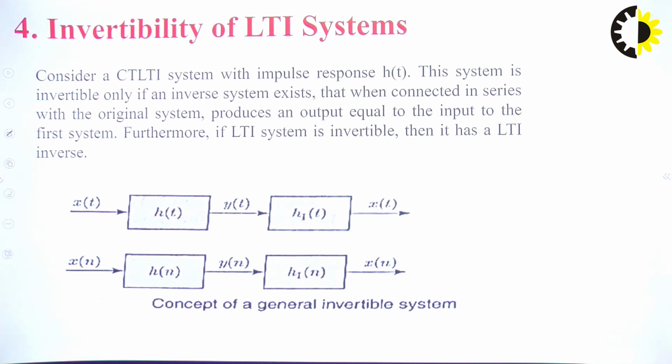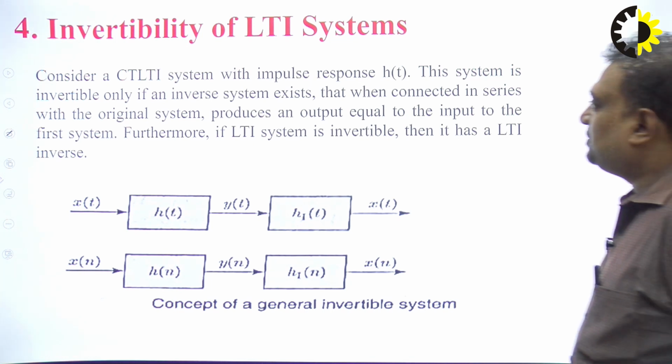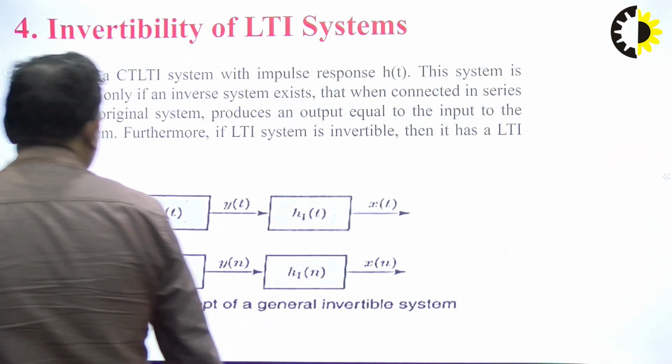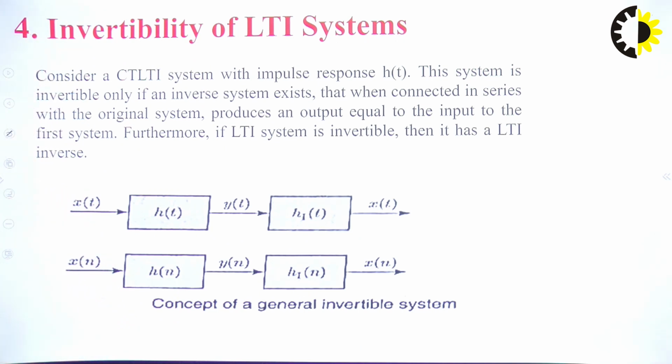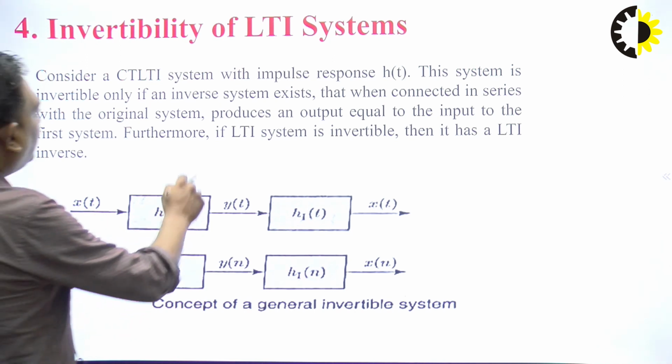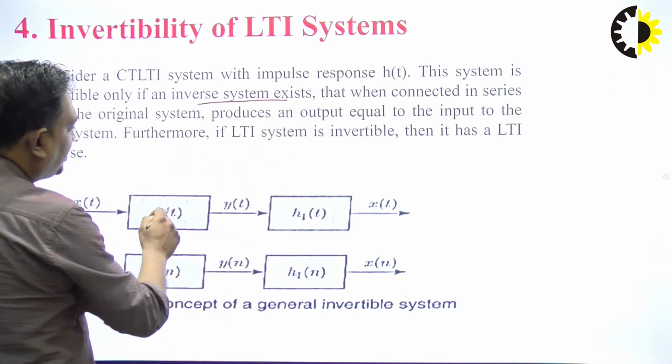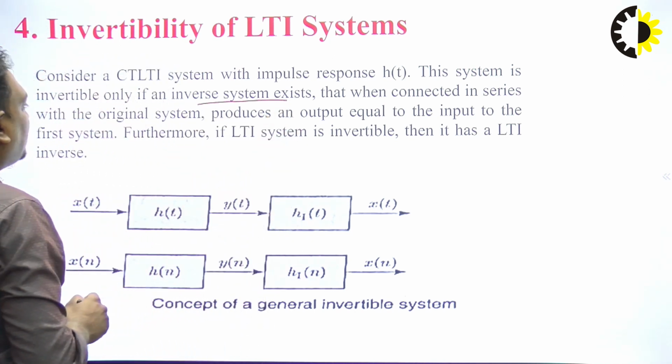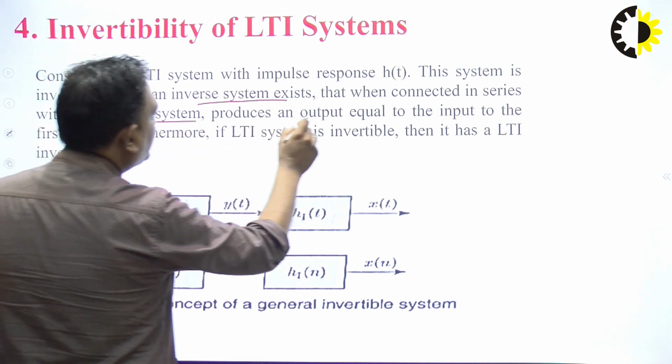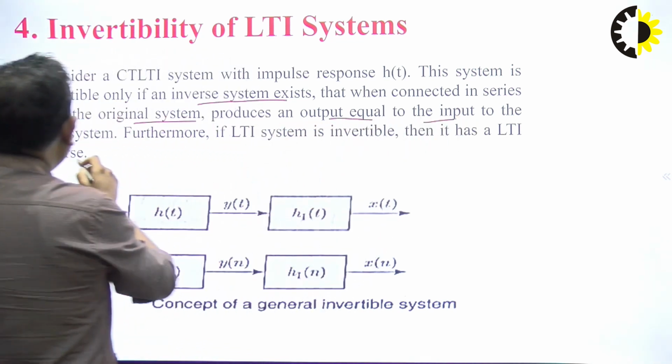Then the last condition is invertibility of LTI systems. So we can see here a continuous-time LTI system with impulse response h(t). This system is invertible only if an inverse system exists. The inverse system is the system that, when connected in series with the original system, produces an output equal to the input to the first system.